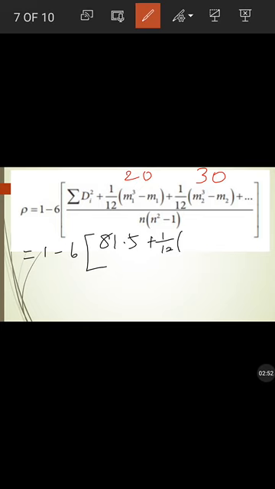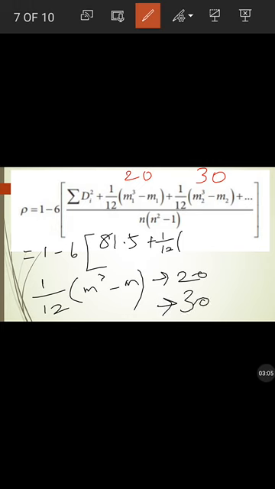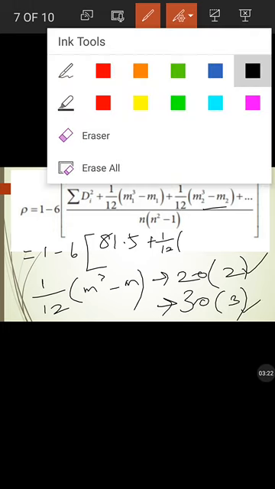I have told you the first 1 by 12 is taken for 20, and the next 1 by 12 is taken for 30. Likewise, 20 was repeated 2 times and 30 is repeated 3 times. So in the place of m, how many times is 20 repeated? 2. And how many times is 30 repeated? 3. This is what we are going to take in our formula, okay?